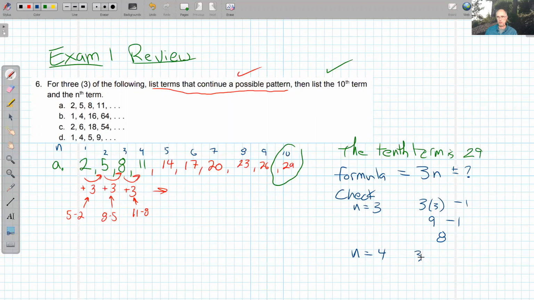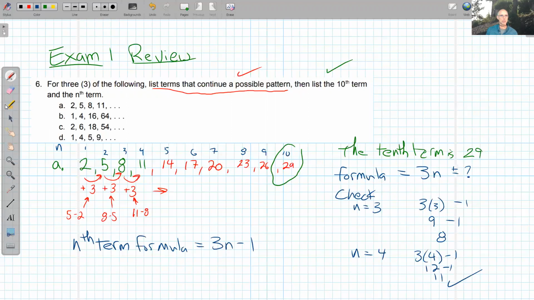So if I take 3 times 4 minus 1, that's 12 minus 1, or 11, and now that checks. So then I can say the nth term formula is 3n minus 1. And maybe I'll circle that.